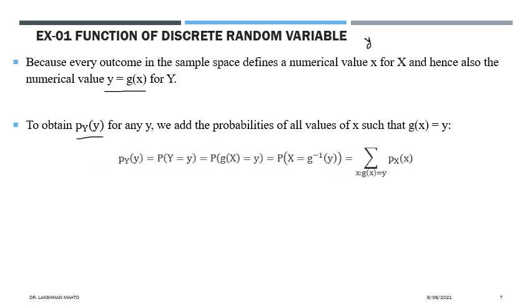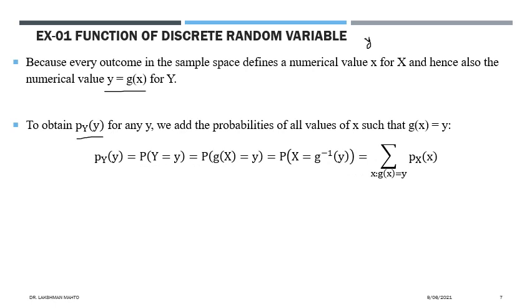So we are trying to find the probability mass function for Y, and we go directly to the definition. It is defined by the probability that Y is taking a small value y. This y is now fixed once we observe it.